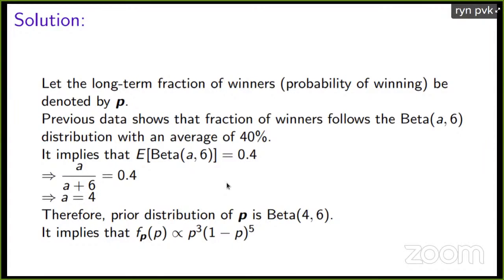Yes, p to the power alpha minus 1 into 1 minus p to the power beta minus 1. That is the beta distribution density, which is directly proportional.